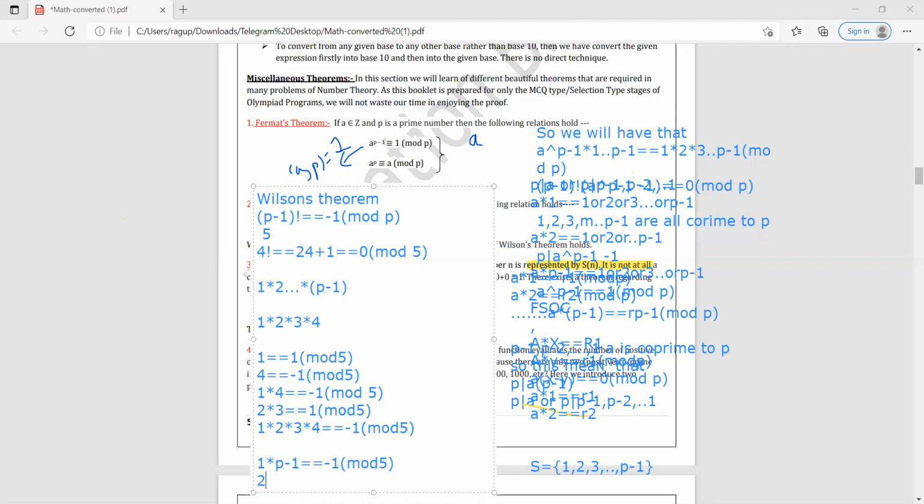And so 2 into something. There is another number, which is 3, since 3 into 2 is congruent to 1 mod 5. So what this means is that you can write 3 in inverse modular terms, as 2 inverse mod p.